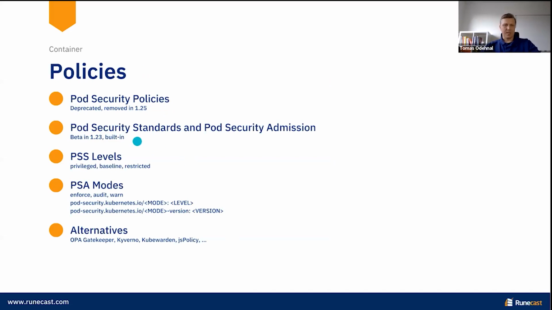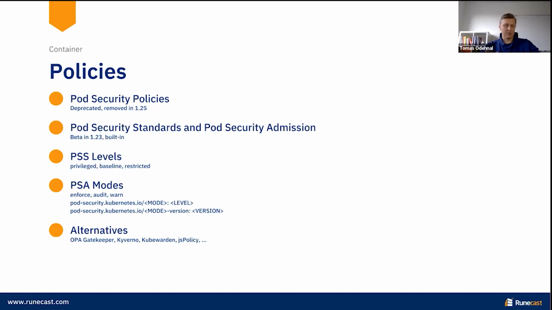So pod security standards define 3 pod security standard levels: privileged, baseline, and restricted. And these levels basically say what the workload can do. Privileged obviously can do all the privileged operations that we discussed on the previous slide. Baseline is something that is limiting the workload.